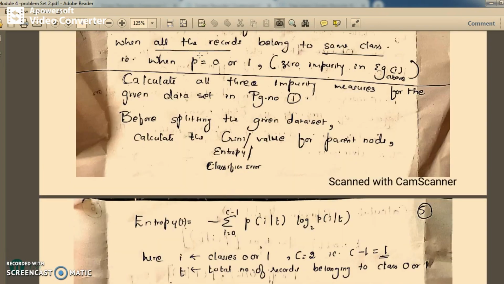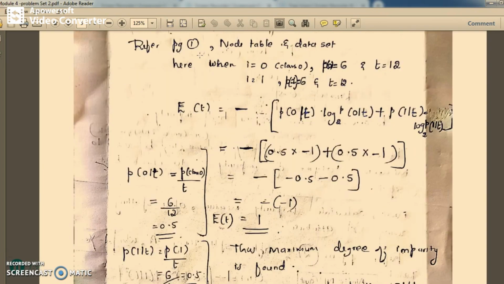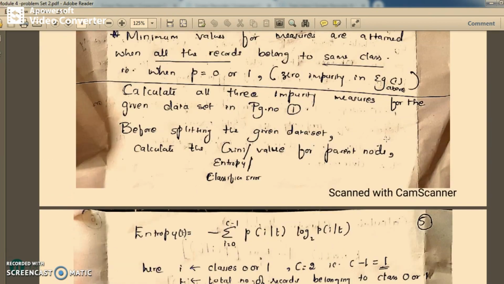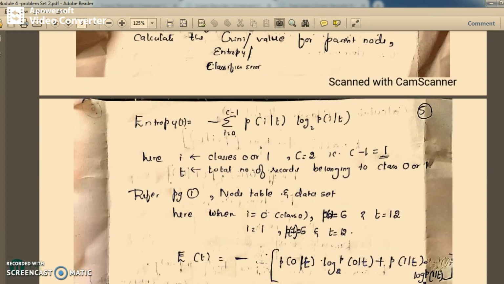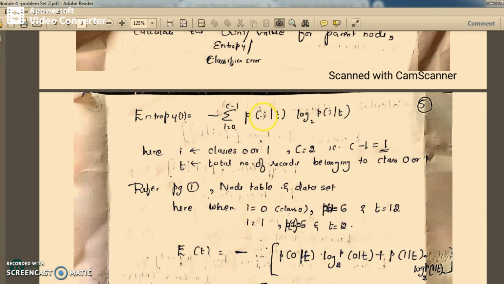Yes, we'll go back to our entropy formula. It says minus summation of fraction of records into logarithm of fraction of records. So substitute 0.5. The fraction of class 0 records into logarithm of class 0 fraction, since it is a summation, plus the fraction of class 1 records into logarithm of the fraction of class 1 records.